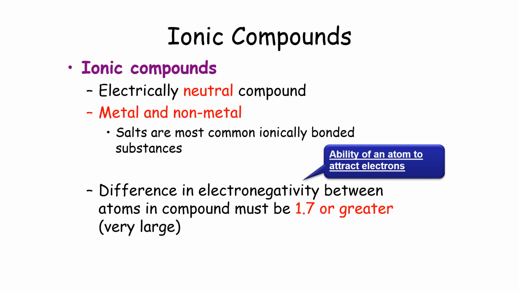And that should give you another hint that this is an ionic compound, if you have to figure out what type of compound it is. As we said, a more electronegative atom will take the electron. Why? Because that's the definition: it's more electronegative, so it has more ability to attract electrons.